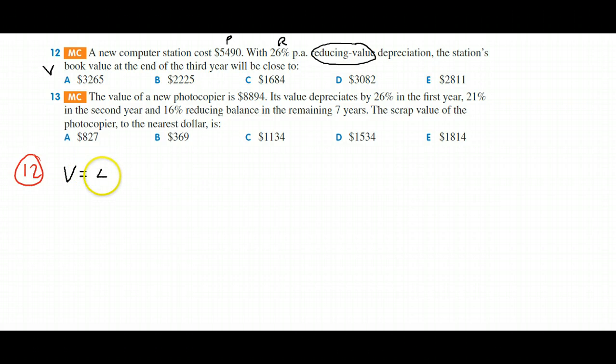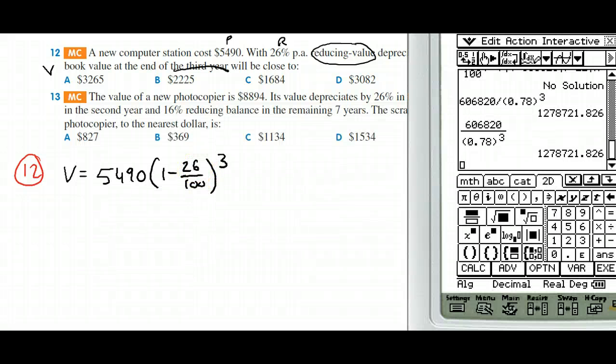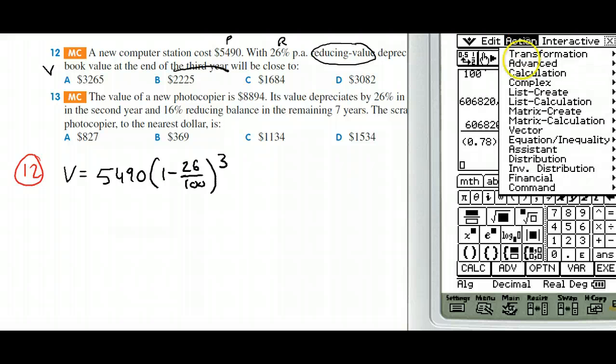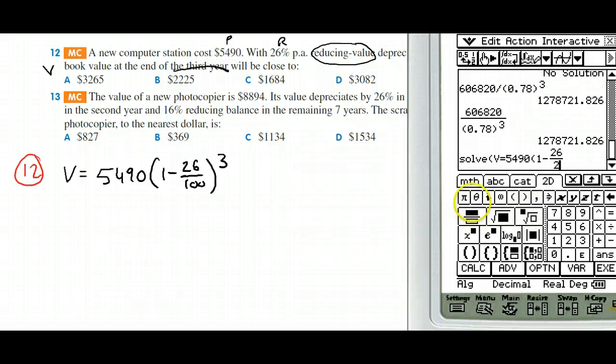V equals 54.90, and then in brackets 1 minus 26 over 100, and at the end of the third year, which means N is 3. If we put that into the calculator, let's see what we get. So we want to solve for V equals 54.90, 1 minus 26 over 100, and then we want to make all that to the power of 3.